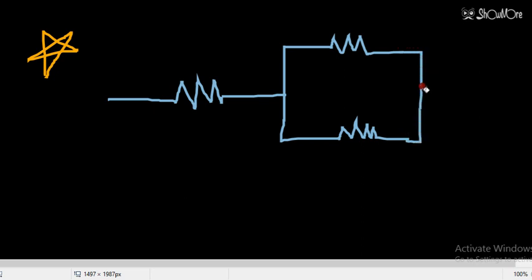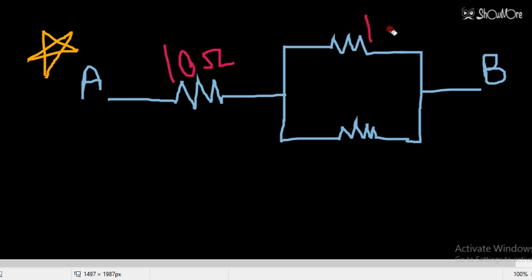So this is the first question. You have to find the resistance between point A and point B. Every resistance has the value 10 ohm. This is a resistance having value 10 ohm. This is the resistance having value 10 ohm. And this is again 10 ohm.